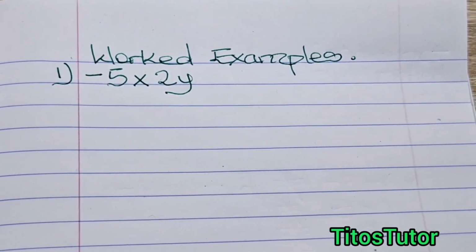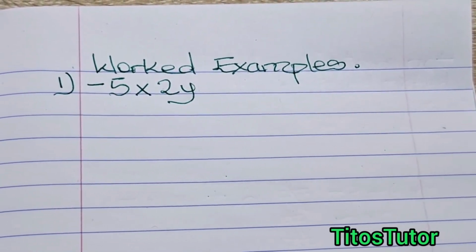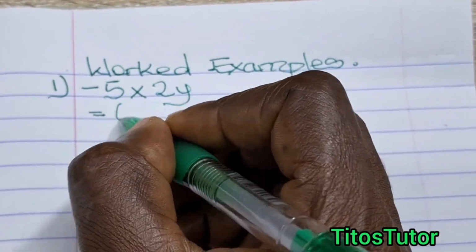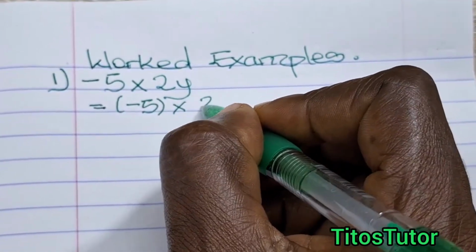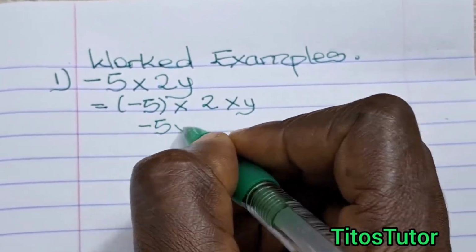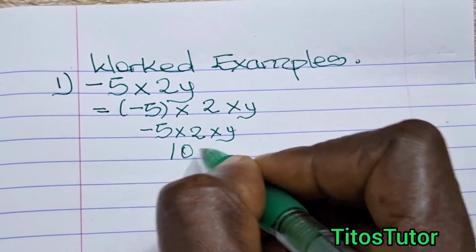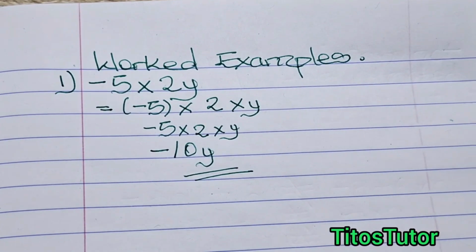So here are worked examples. First example, negative 5 times 2y. This is the same as negative 5 times 2 times y. Negative 5 times 2 times y is 10y, but with a negative.